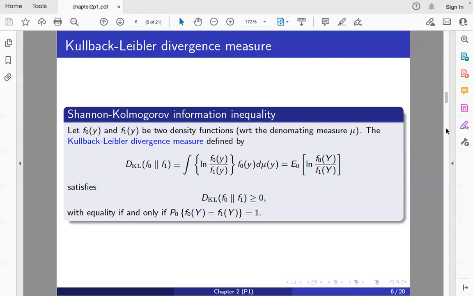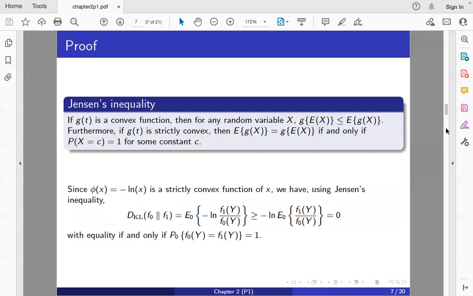Are you saying that the other principle has a different definition? No, in the next page 7, F1 divided by F0. Ah, in the proof, okay.